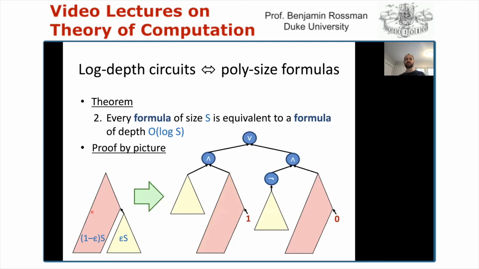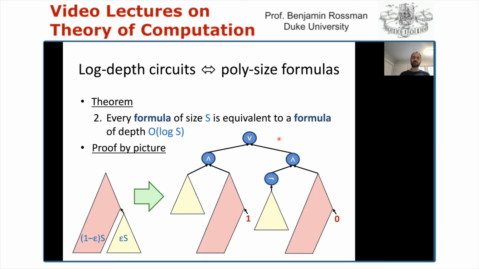And then we do the following transformation. So consider the following formula. What I've done here is I've taken 2 copies of the yellow subformula, and then 2 copies of the red subformula, where here I'm substituting 1 for the yellow subformula, and here I'm substituting 0. And I claim that this formula on the right computes the same Boolean function as the formula on the left.